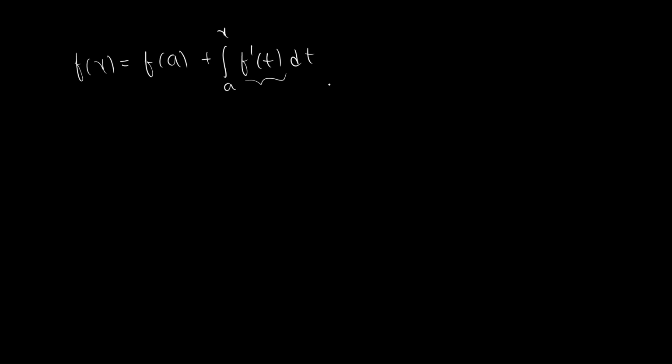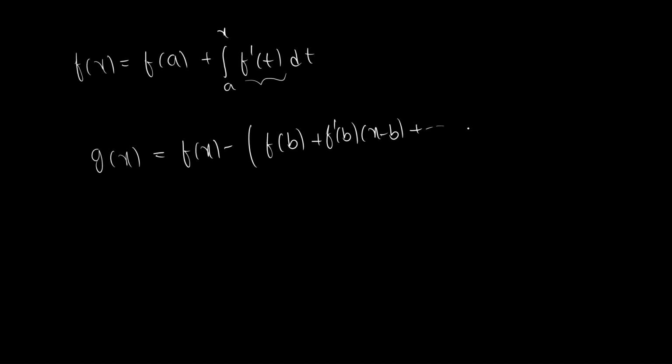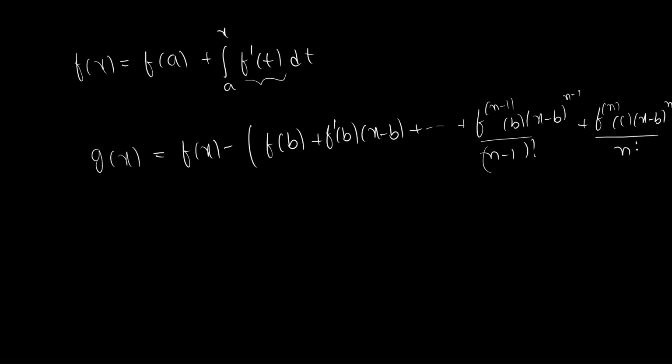Now let's just ignore this part and continue. Let's define a function g(x) = f(x) - f(b) + f'(b)(x - b) + ... + f^(n-1)(b)(x - b)^(n-1)/(n-1)! + f^(n)(c)(x - b)^n/n!.